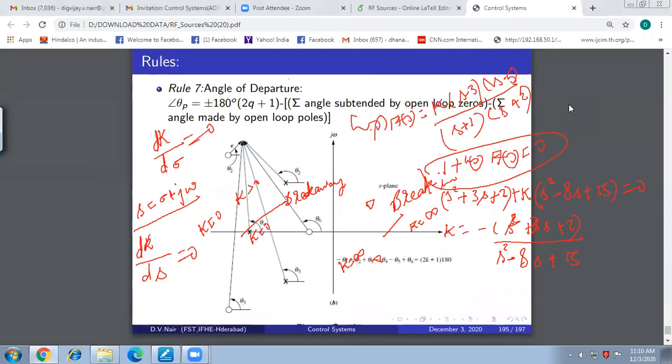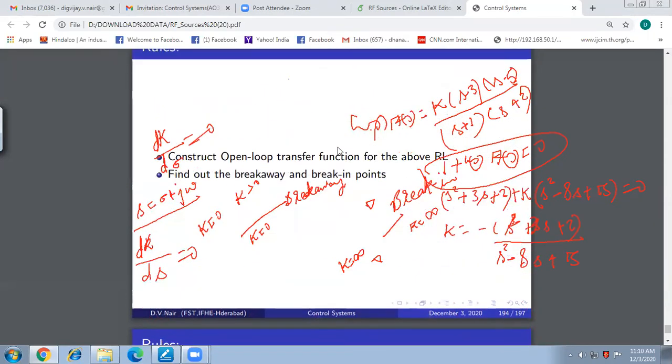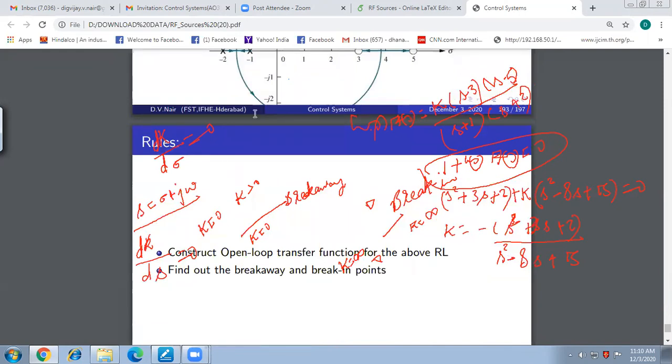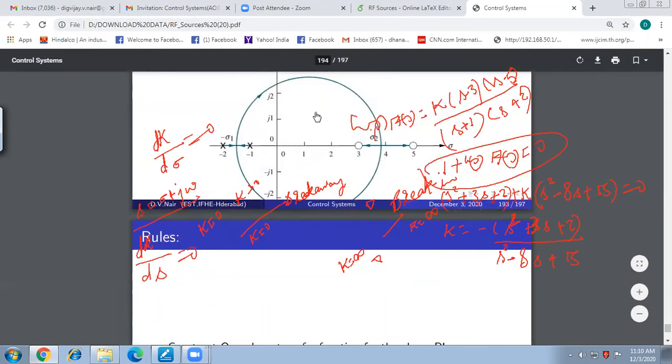Rule number 7, should I present, or should we do that quickly? Let us complete here only then.